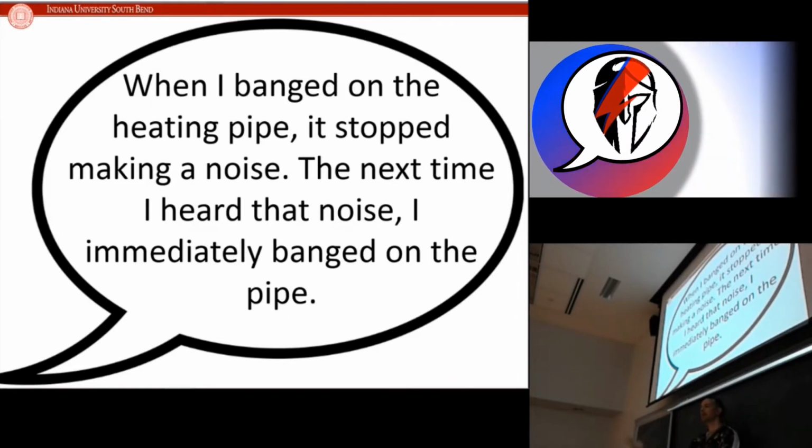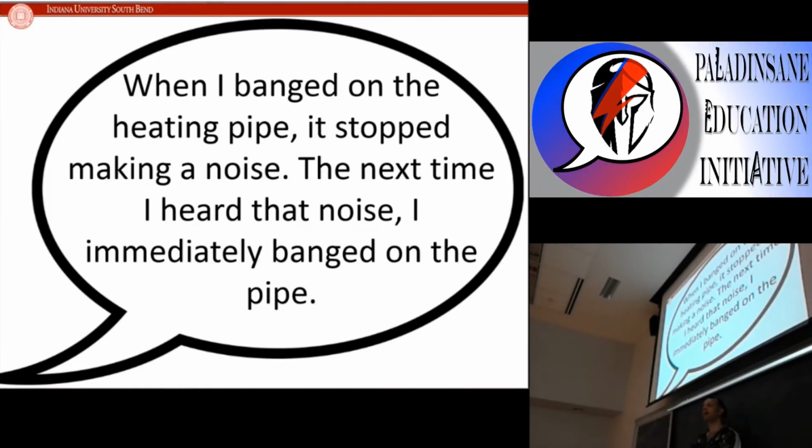Hitting the pipe led to the noise being taken away. That takeaway is what makes it negative. So again, don't start second guessing yourself about, well, the noise had to have been added if it was going to be there in the first place, so isn't that positive? It's after the behavior occurs, what happens to the environment, what happens to the person's situation. Noise is taken away, that's negative. Pipe banging goes up, that's reinforcement.